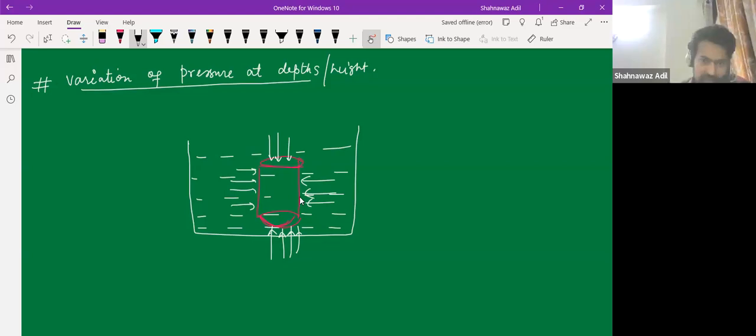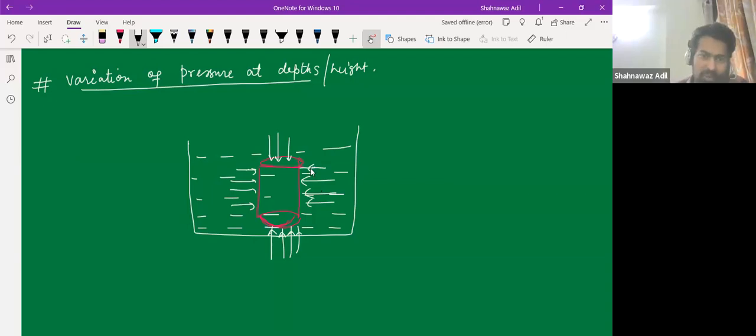Is that clear, guys? You see that these points are at the same height. So these pressures are the same, and these left and right pressures will cancel each other out because they are at the same height. From Pascal's law, we can cancel out these pressures.